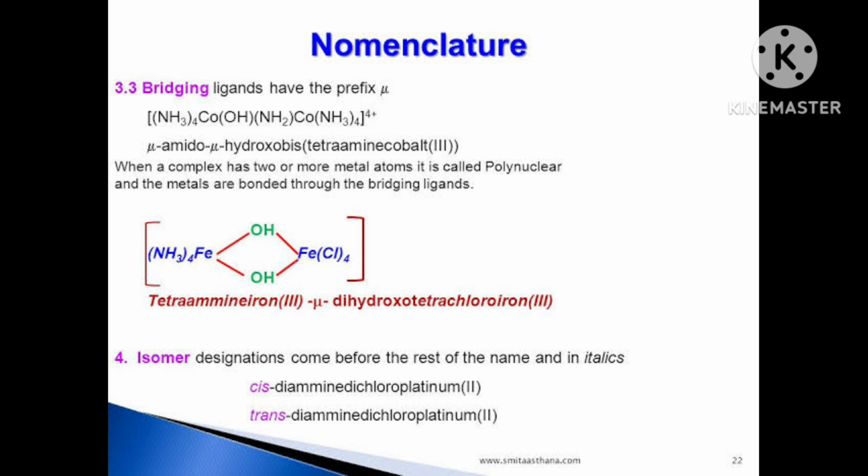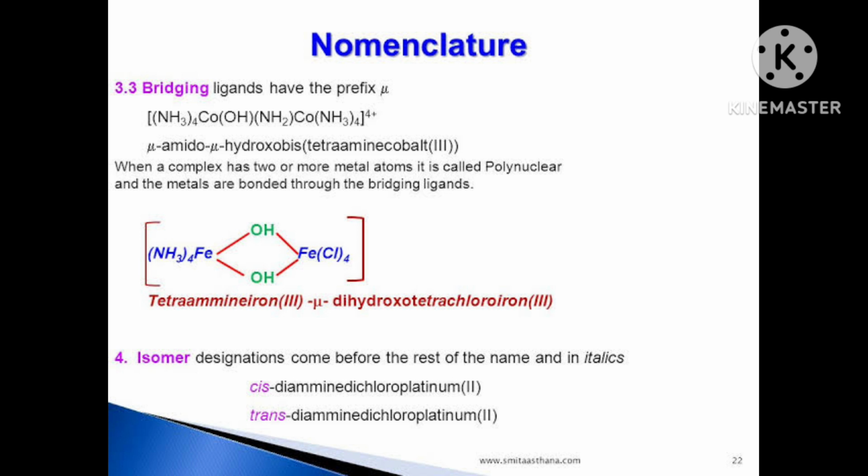CN4 means minus 4. Then Cu minus 4 is equal to minus 3, the charge on the complex. Then Cu is equal to plus 4 minus 3, that is plus 1. This is the one method.